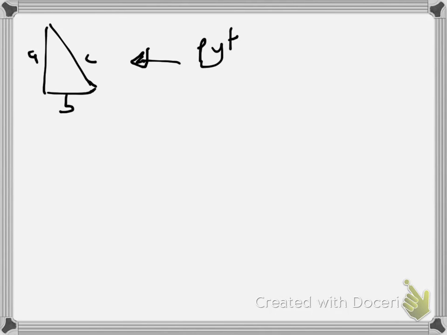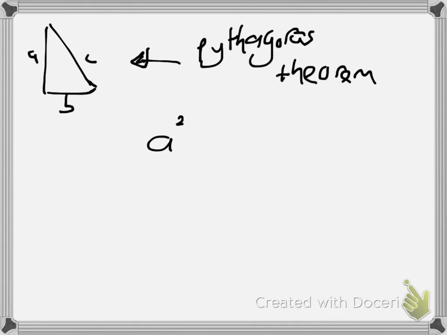I'm going to draw it out over here. So if this is a, this is b, and this is c, this is the Pythagoras theorem, which is a square plus b square equals c square.